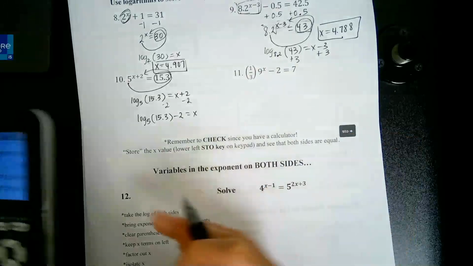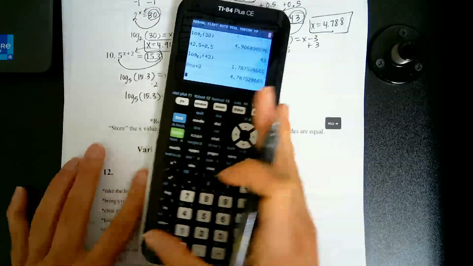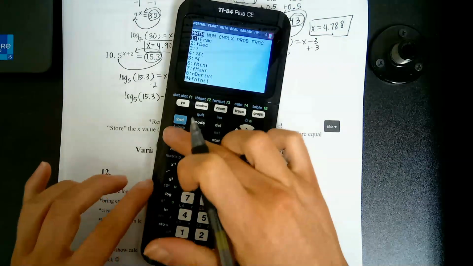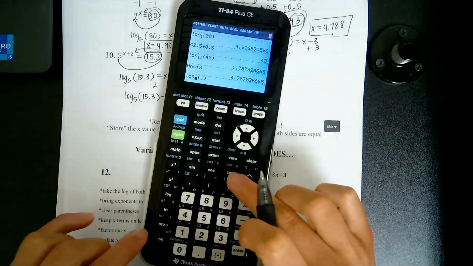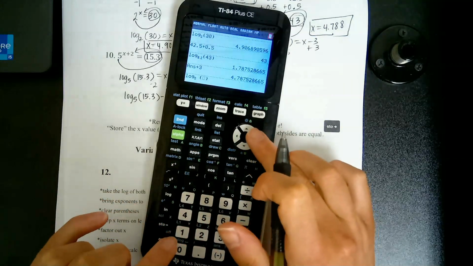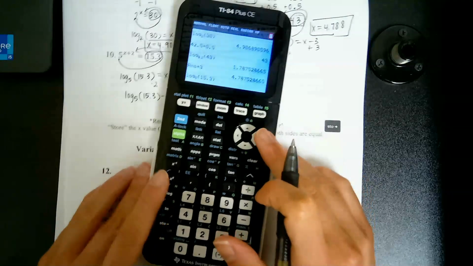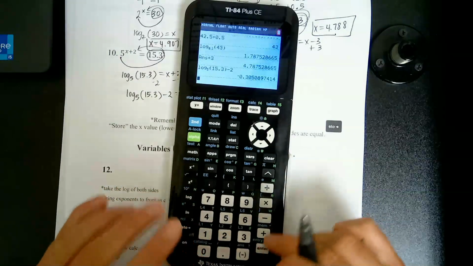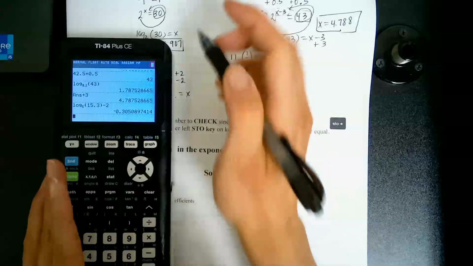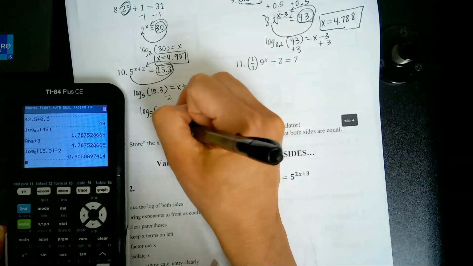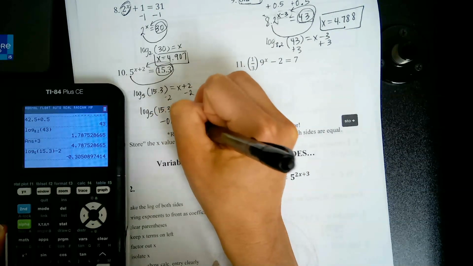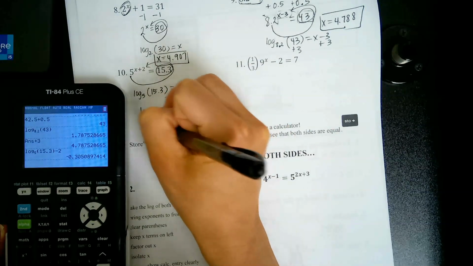And so I can just type that in all at once. So math, alpha, math, I can type in base 5, 15.3, and then subtract the 2, and we get negative 0.305 for our x value.